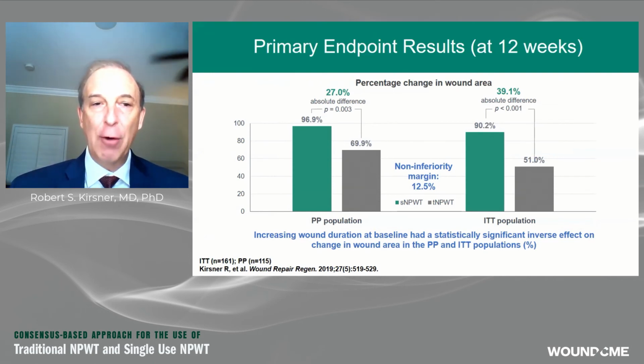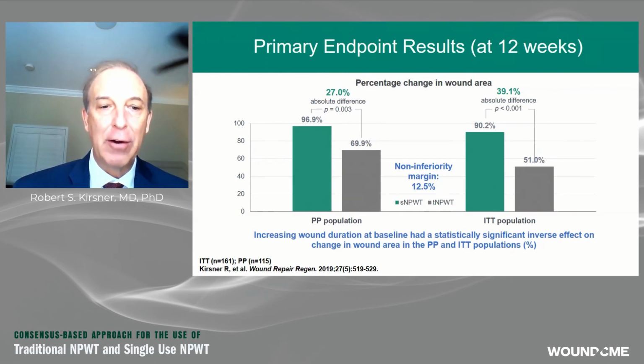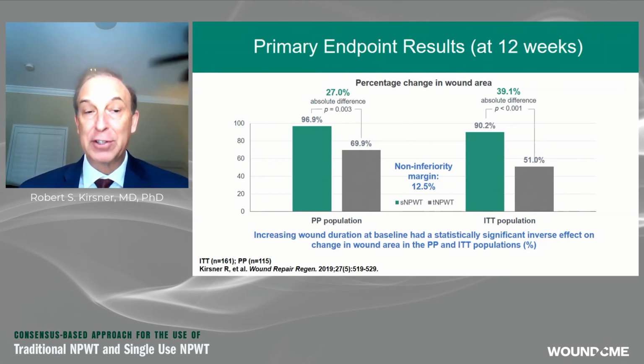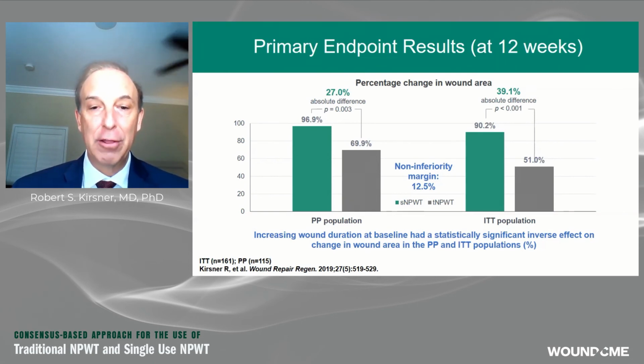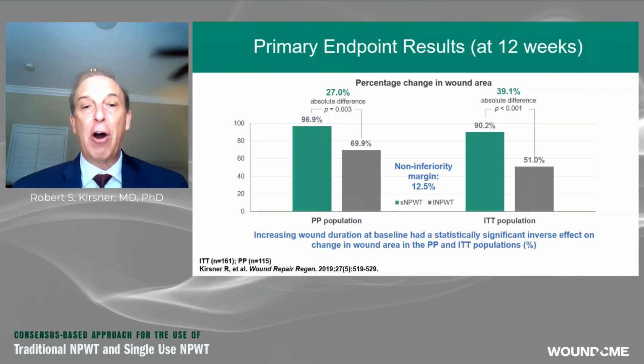Interestingly, what we found was that there was more than 12.5% difference between the 2 groups. In fact, with regard to % change in wound area, there was nearly a 97% reduction in wound area with those patients who received the single-use negative pressure device, compared to about a 70% reduction in those who received the traditional negative pressure. So we did not find non-inferiority.